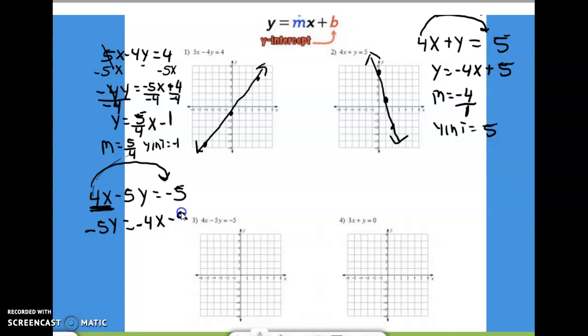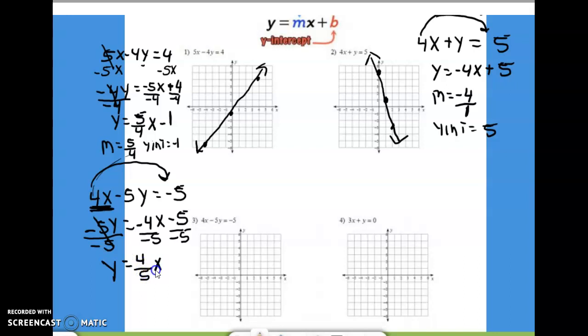Minus 5. And now to get y by itself, so I have it in slope-intercept form, I'm going to divide everything by negative 5. Everything. Okay. All right, so y's by itself now because these canceled out. Negative over negative is actually a positive slope.